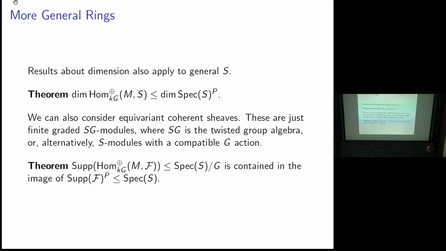So I think it's this. I made this up just for this talk, so I think that's right. Just because this is a module of something without the f, and you know the dimension of that. So you can control a lot of these things.